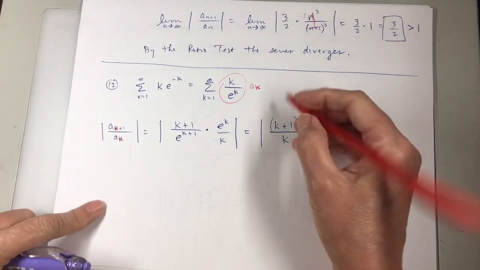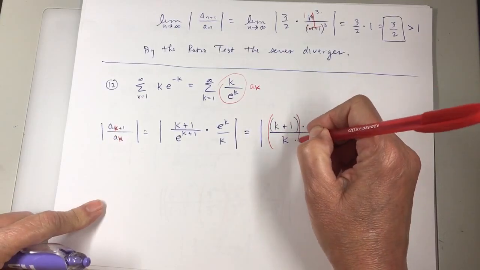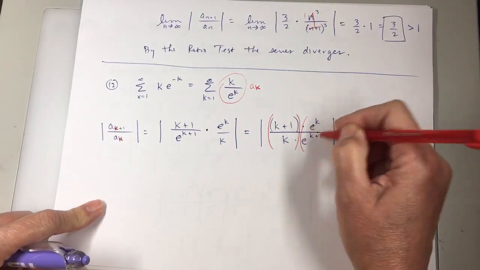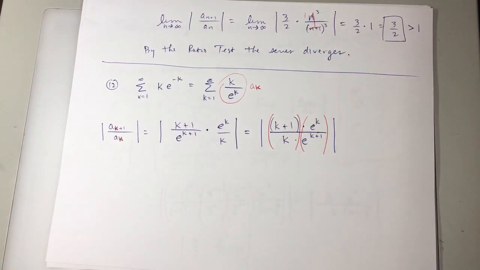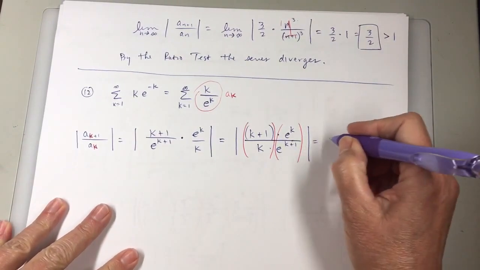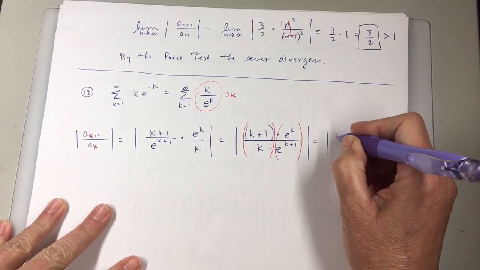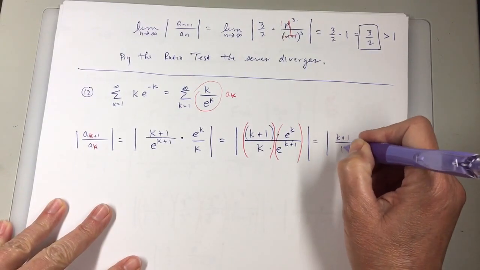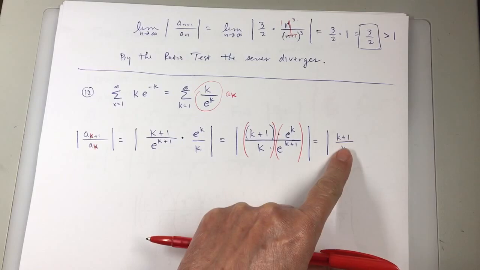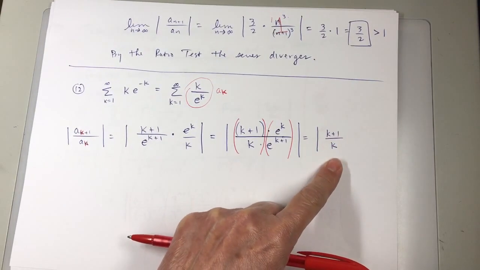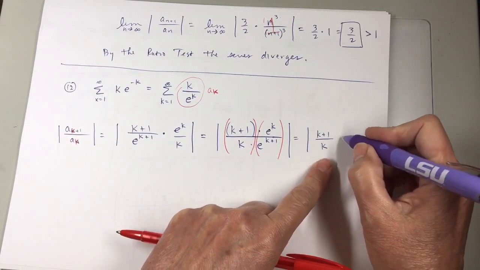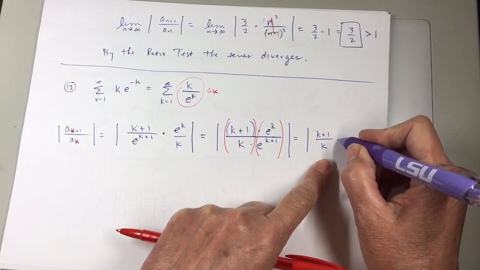So I have here k plus 1 over k times e to the k over e to the k plus 1. And this will reduce to k plus 1 over k. At this point, the fraction bar serves as parentheses. So I don't need to write my parentheses right there.